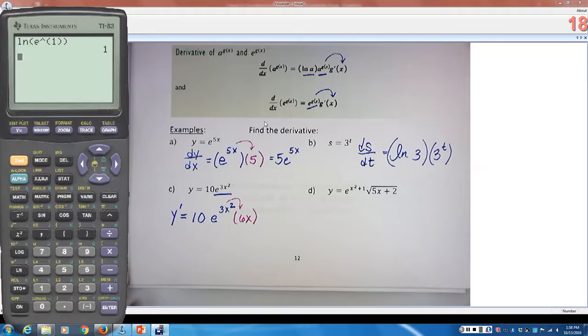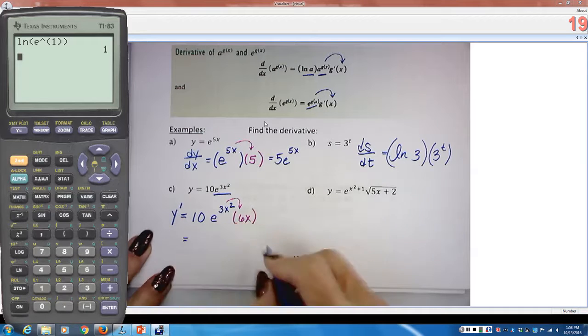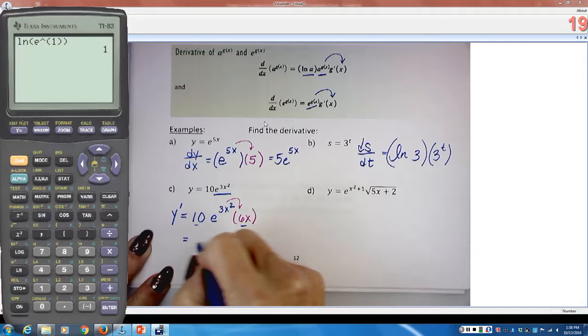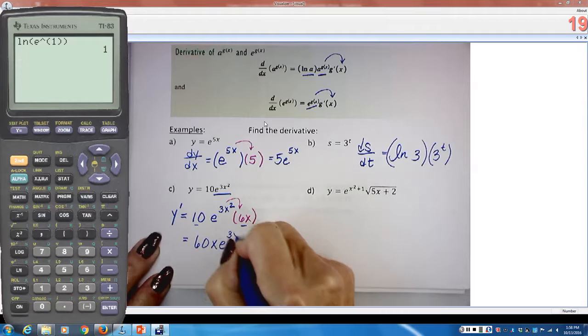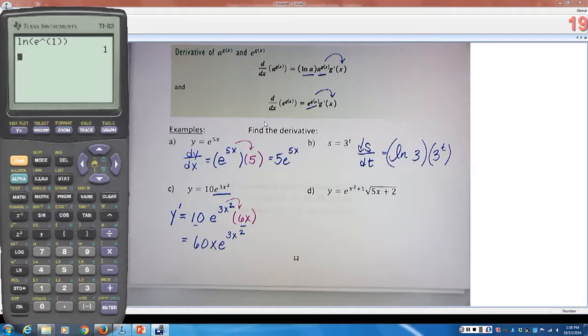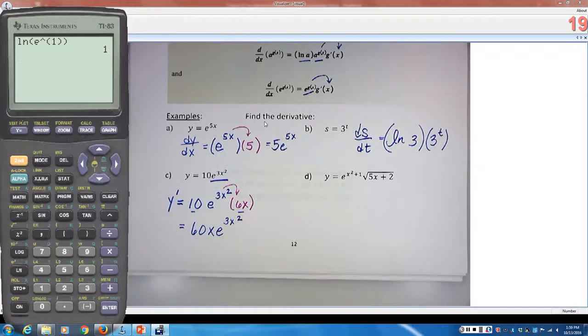So in order not to have so many parentheses, you could also write this as 10 times 6x is 60x e to the 3x squared. Now hopefully those first three are fairly straightforward. Any questions? Anything anybody doesn't see where it came from or why it's there?